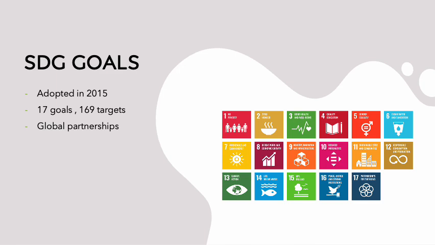The Sustainable Development Goals is something we also focus on in Module 5. The SDGs were adopted in 2015, built on the MDGs, but took a broader, more inclusive approach. The SDGs include 17 goals and 169 targets that address issues like climate change, gender equality, economic growth, and peace.